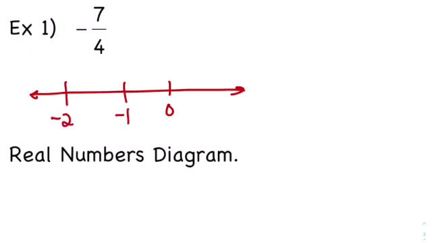This is really 7 fourths, so it's 7 pieces but 4 make a whole. If you take 7 minus 4, one of them is a whole, and you can change that into -1 and 3/4. So that's 1, 2, 3, and right here will be your -7/4.